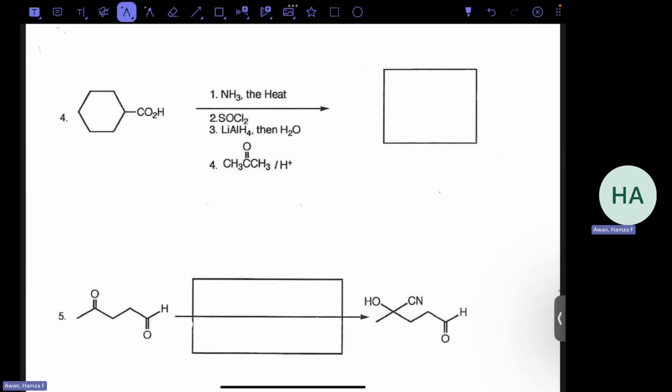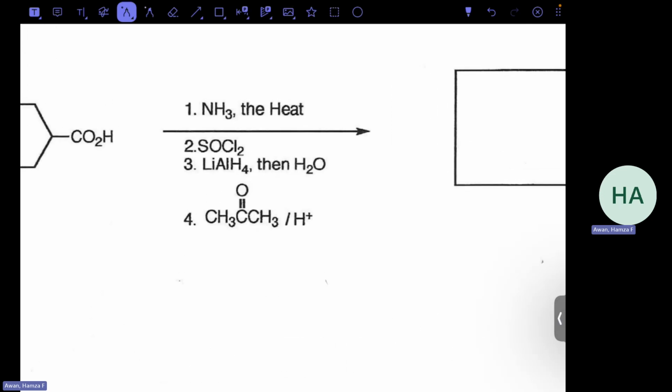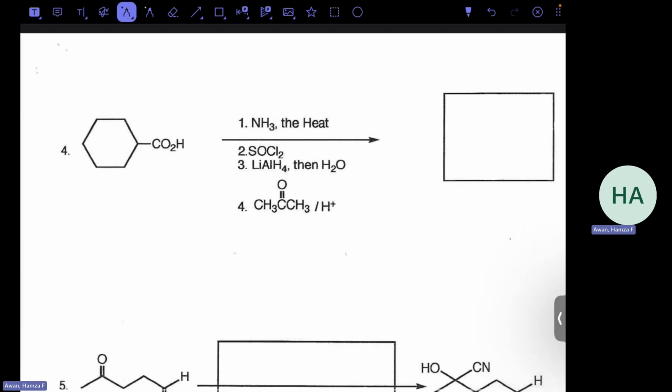Next problem. NH3 and then heat, I guess. We have a carboxylic acid here. So our first step, NH3 with heat, this is going to be our carboxylic acid, and this is going to create an amide, right?